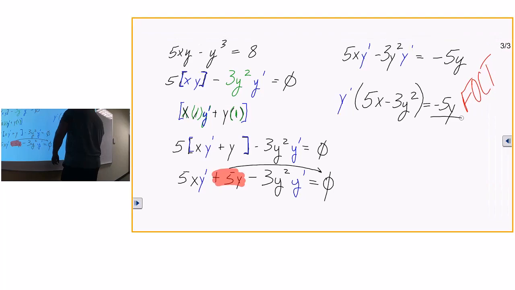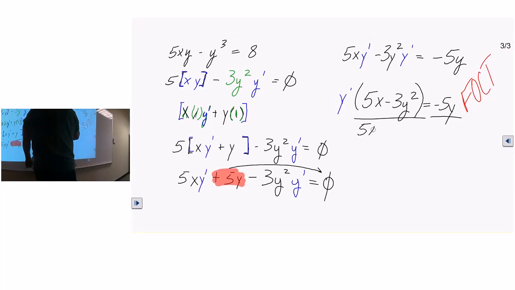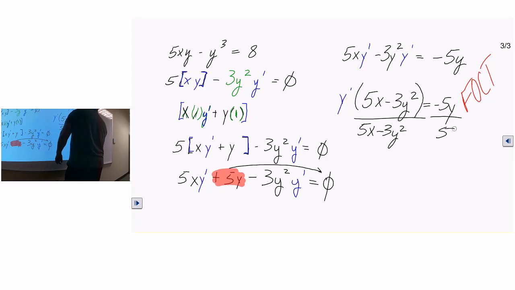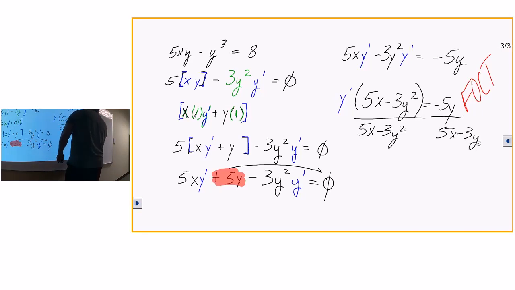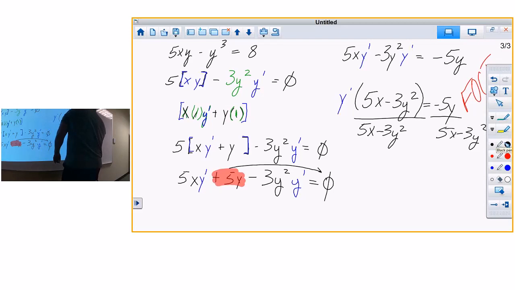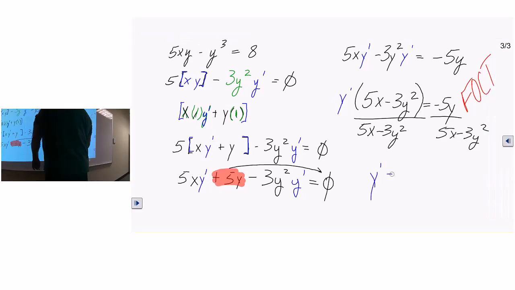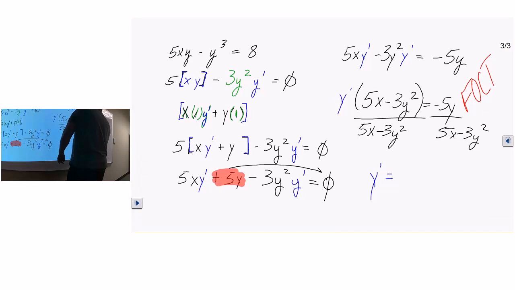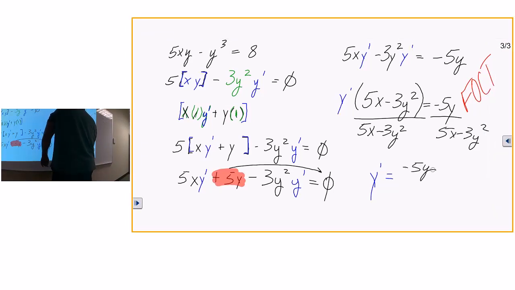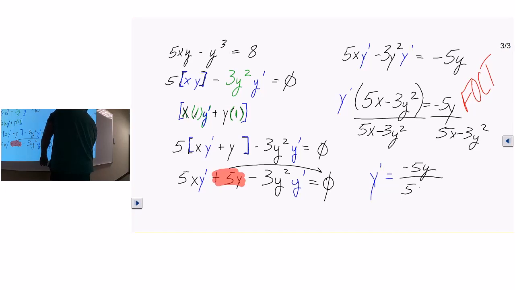Divide by 5x minus 3y squared. So y prime is equal to negative 5y over 5x minus 3y squared.